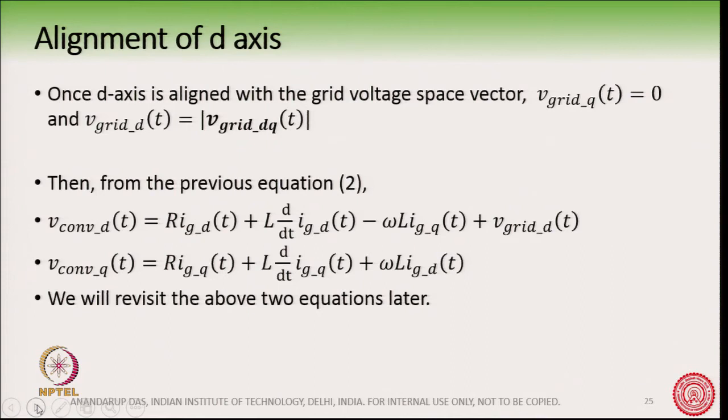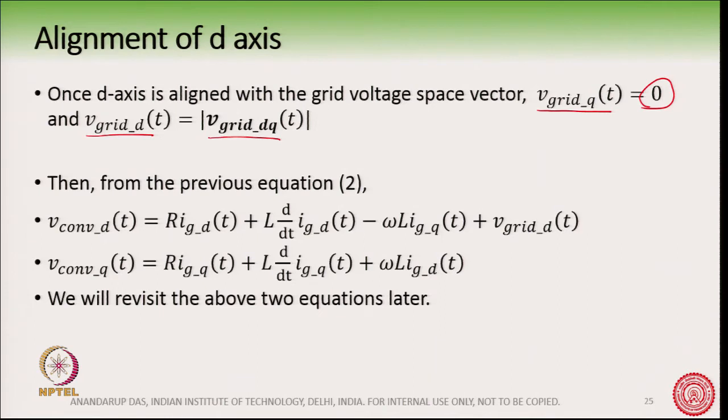Once I have aligned the D axis with the grid voltage space vector, I can always say that V grid q becomes 0. The Q axis component of the grid voltage space vector becomes 0. There is no Q axis component, and V grid d is the entire space vector magnitude. Here it is perfectly aligned.